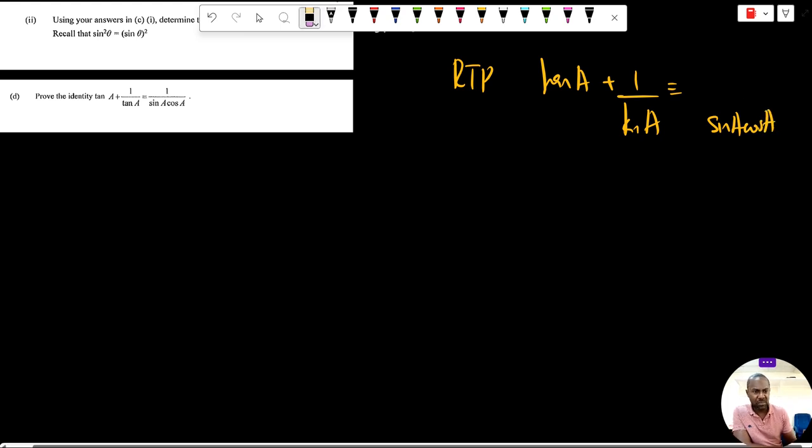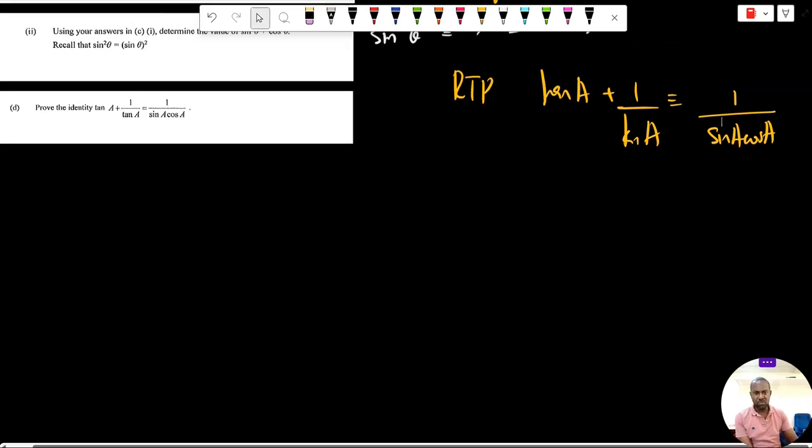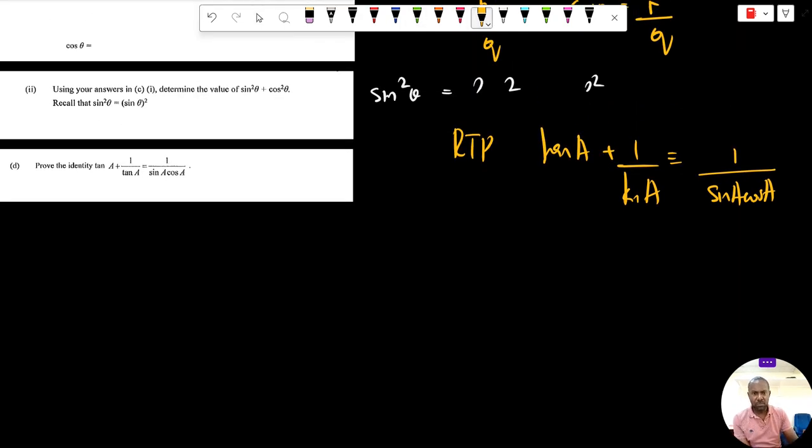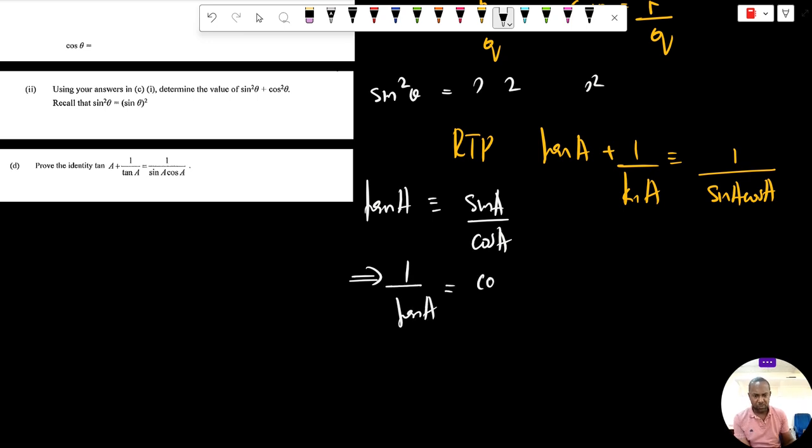So it would appear that the left-hand side is the more complicated of the two sides, and so it is better to start with the left-hand side than the right-hand side. However, of course, you must remember that, for instance, tan A would be equivalent to sine A over cos A. And therefore, this would imply that 1 over tan A would be equal to the reciprocal of that, which of course is cos A over sine A. All right, now let's proceed.